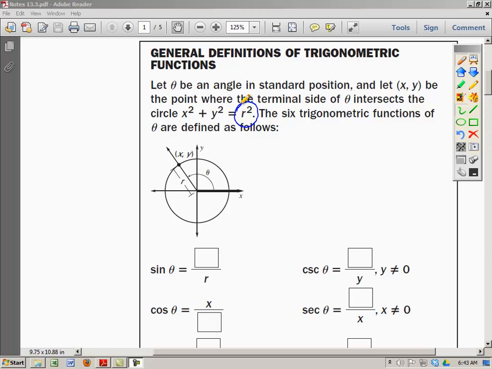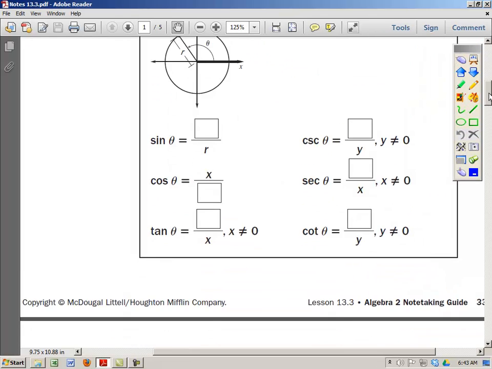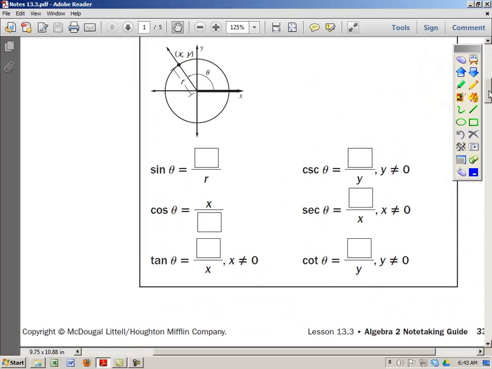But for right now, I want to define the 6 trigonometric functions based on having a radius of r. The radius r can be used with the ordered pair (x, y) on the circle to define the sine and cosine values as well as the other trig functions.